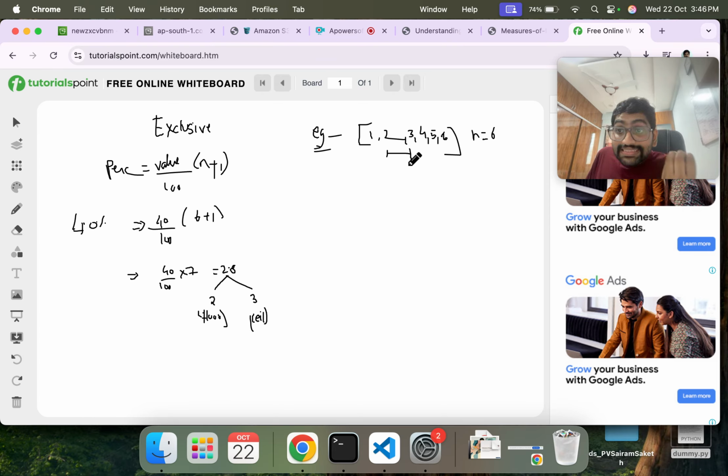To get the exact value of the 40 percentile of the data, we will be using the interpolation formula. So what is this interpolation formula?